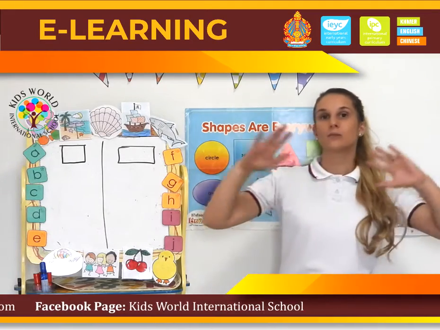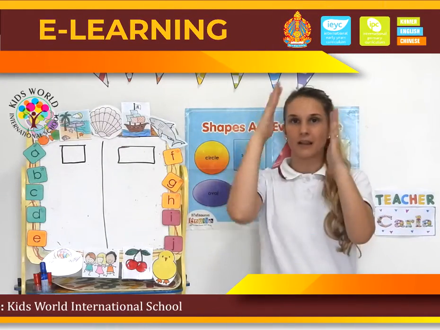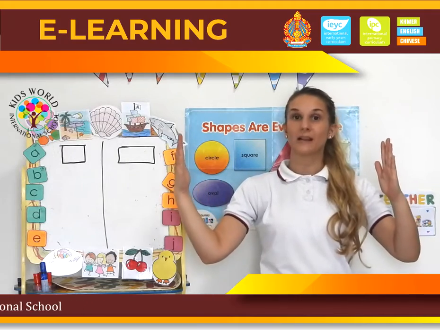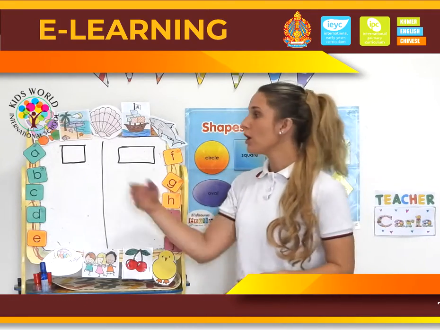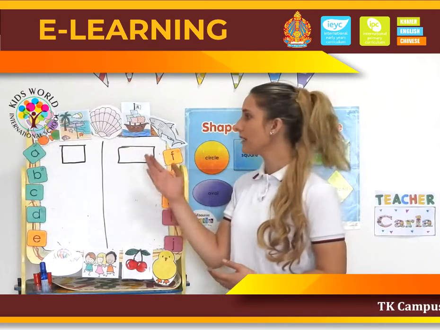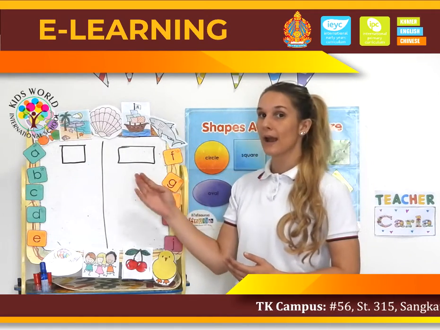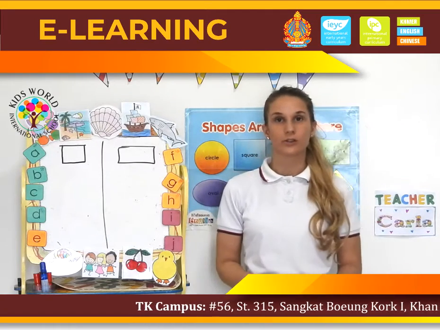A rectangle is much longer than a square. A square has equal sides on each side, whereas a rectangle is much longer, just like teacher wrote on the board. A square and a rectangle. Square, rectangle.